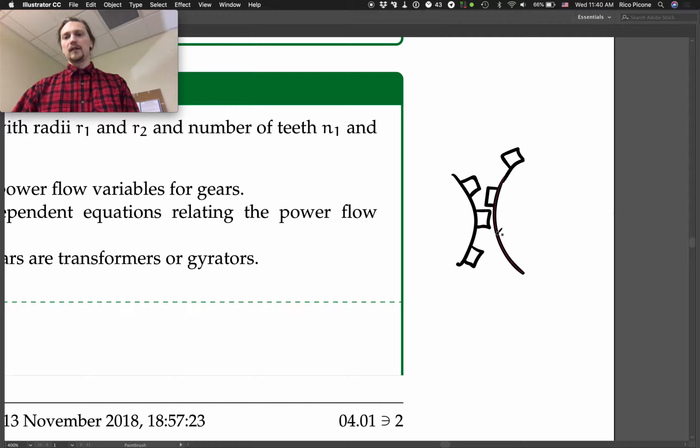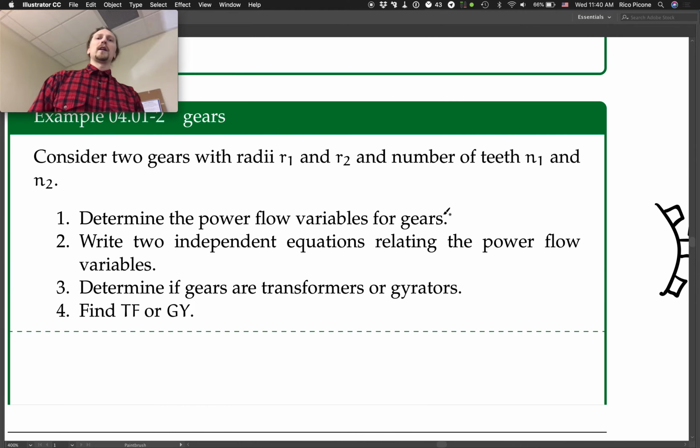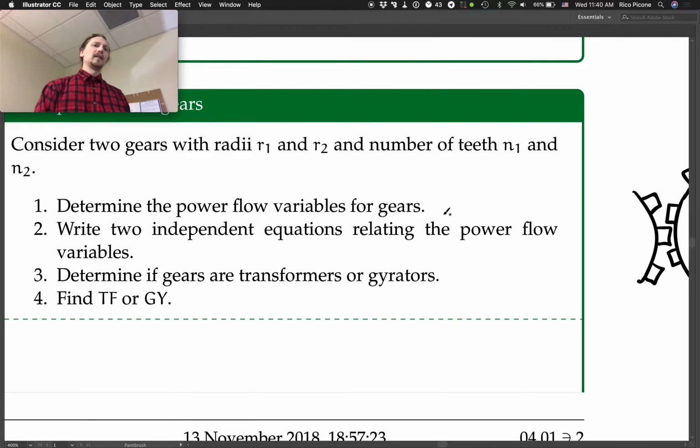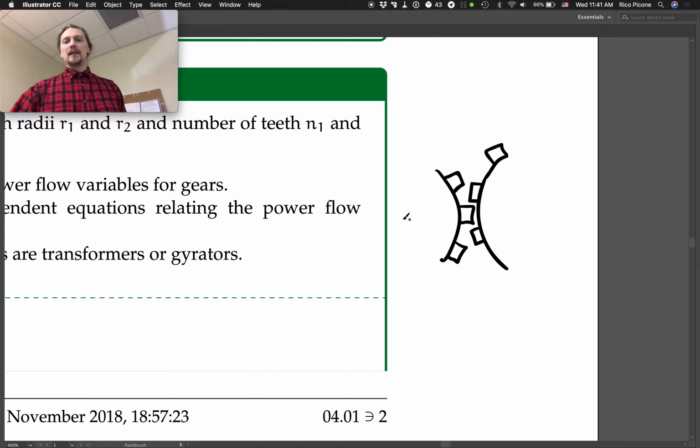So it turns out that the ratio between number of teeth and radii is fixed in gears, which you'll talk all about. But that's why sometimes you talk about number of teeth, sometimes you talk about radii, actually equivalent. You can talk about either one. So let's say that this one's got R1, and this one's got R2.